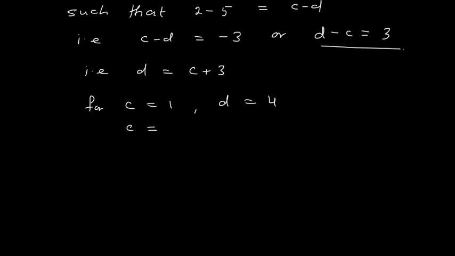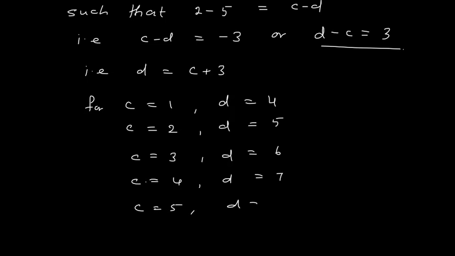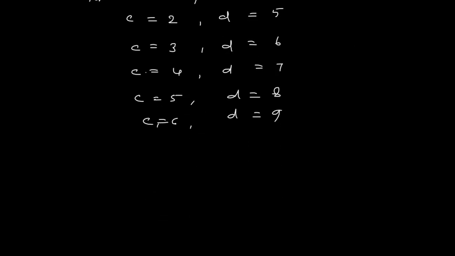For C equal to 2, D will become 5. C equal to 3, D will become 6. For C equal to 4, D will become 7. For C 5, D will be 8, and for C equal to 6, D will be 9. Now in set A we have numbers up to 9. So these are the possible values of (C, D).